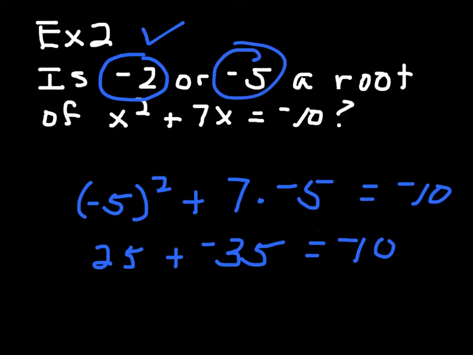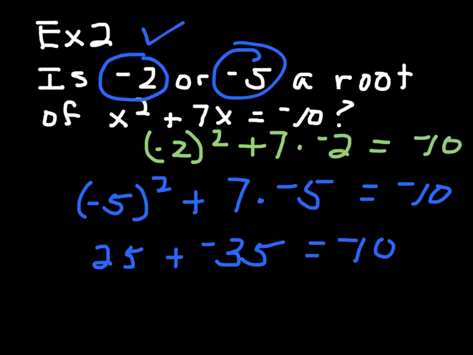Now I just want to go back and check that negative 2 just to make sure that both these are working. A negative 2 squared plus 7 times a negative 2, and we're checking to see if that's a negative 10. We have 4 plus a negative 14, and we're asking ourselves if that's equal to a negative 10.